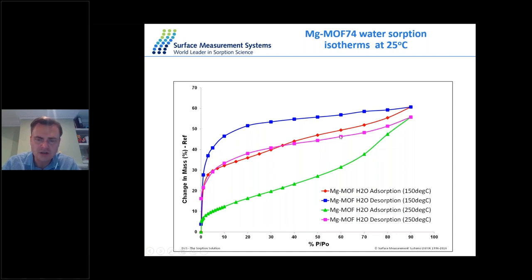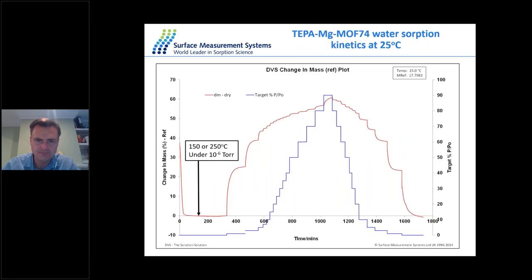Also, when we perform the desorption steps, lots of water gets trapped inside the matrix of the material, so water is not coming out. Whereas if the material is outgassed at 150 degrees, the adsorption capacity is higher, but also desorption is much better, with many more of the water molecules coming out of the material.